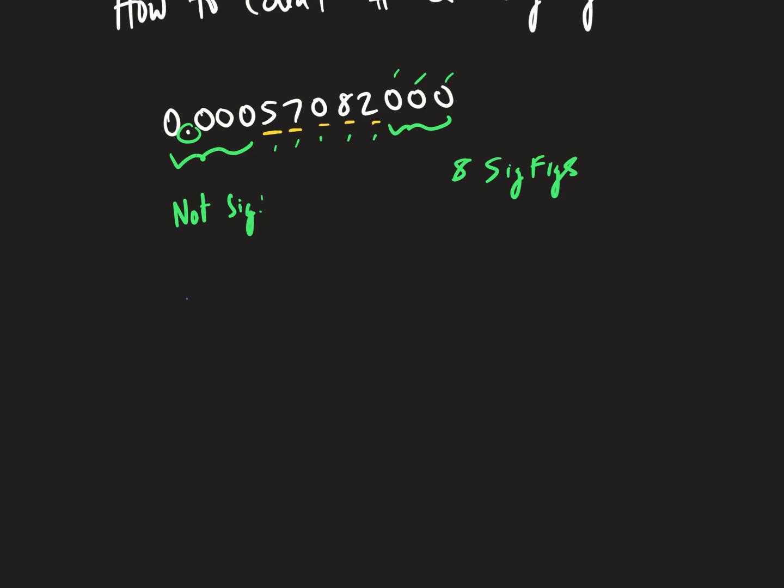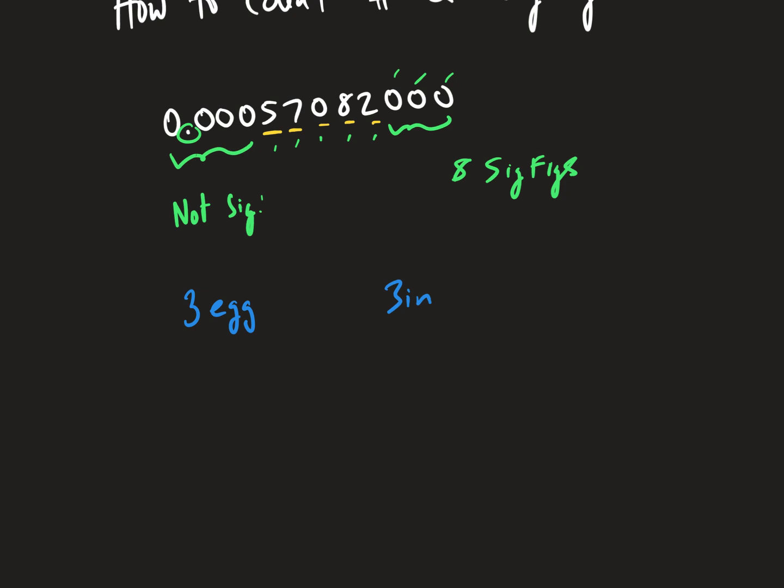If we have 3 eggs, how many sig figs is that? Infinitely many. Why? Because it's exact. Exact or counting number. What about 3 inches? How many sig figs does 3 inches have? 1.